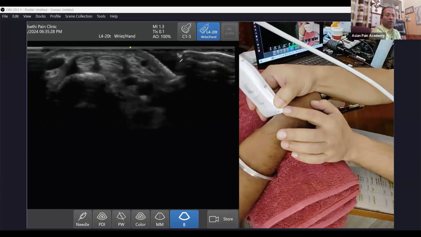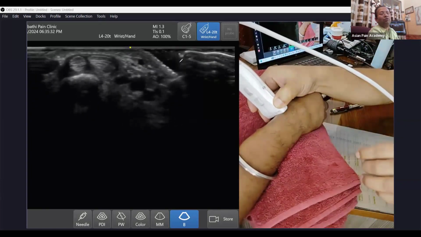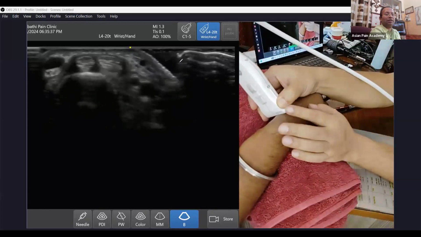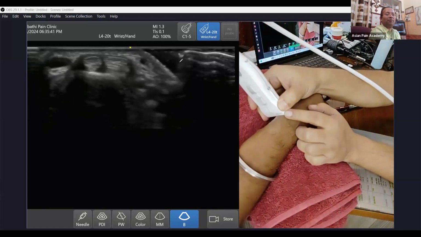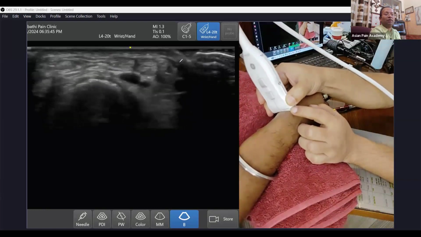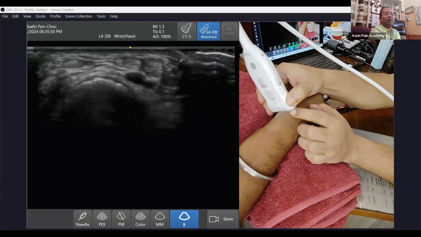If there is de Quervain's tenosynovitis, you will see a lot of fluid, and you can compare with the opposite hand and see the variation. Here this is the APL EPB, and if I go a bit more distally, I will see the radial artery under the APL EPB tendon.